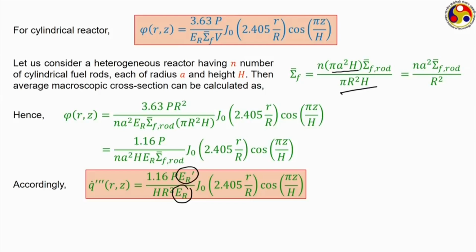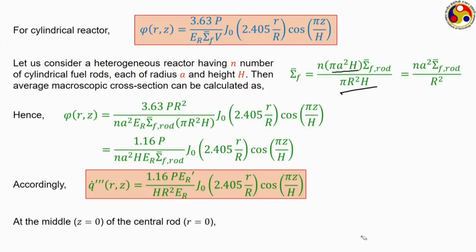But still we are using ER in the denominator, because while calculating the power rating for a reactor, generally the ER is used. ER is more or less constant, but ER prime may vary from one situation to another.